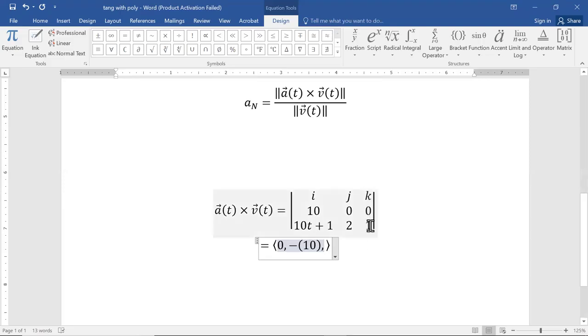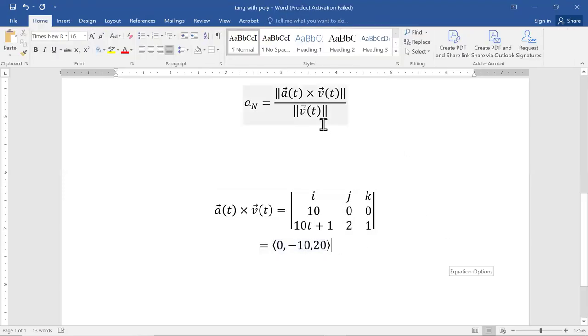And then the coefficient of k, I'm going to take 10 times 2, which is 20, plus (10t plus 1) times 0. So that's just 20. So that cross product is a pretty good vector to deal with. It is 0, negative 10, 20.